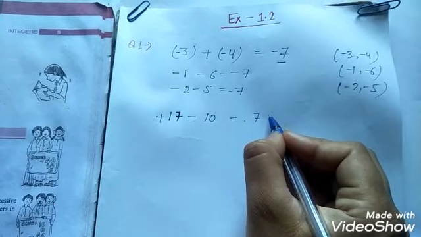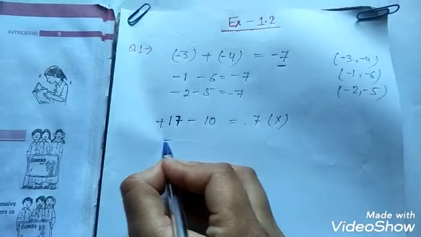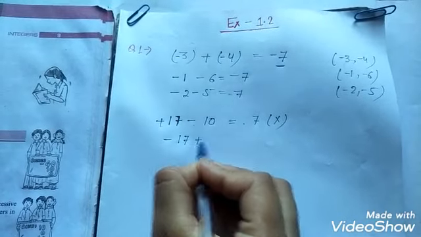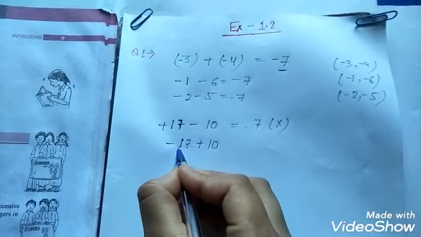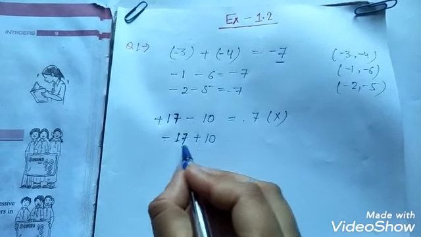And we want -7. It means it's wrong. If we take -17 and plus 10, the greater number is negative. So the answer will be negative.